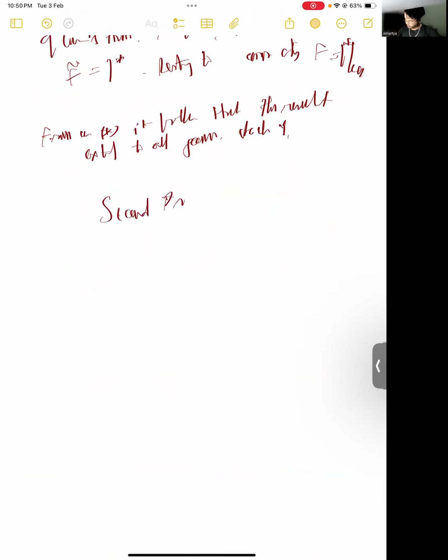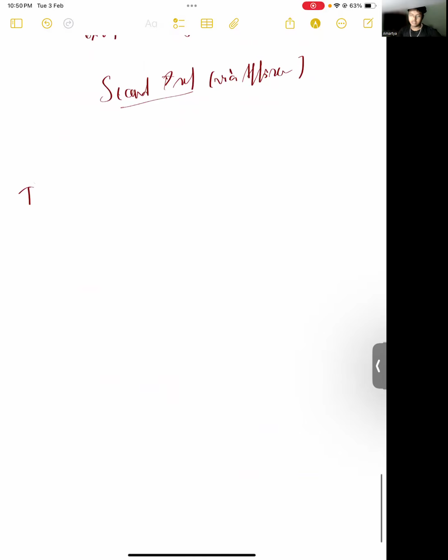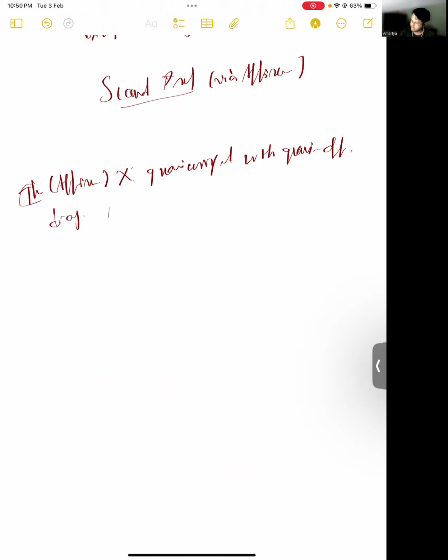Now, the second proof via affineness. This is for me the most interesting part. Let's see the affineness theorem. You start with X quasi-compact with quasi-affine diagonal.